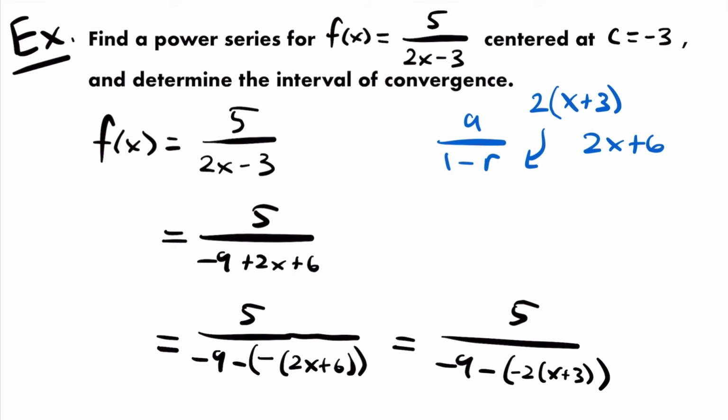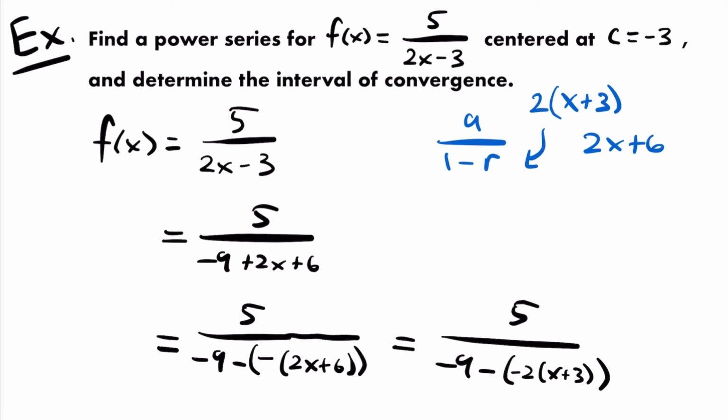All right, so we pull 2 out of 2x, so we just have x, and we pull 2 out of 6, so we have 3, and now we have negative 2 times that quantity. This negative was already being multiplied by both of these terms, but now we pulled out a 2, so now we have negative 2 times x plus 3. And so we have x plus 3, which is what we want in order to rewrite our function as a power series centered at negative 3.